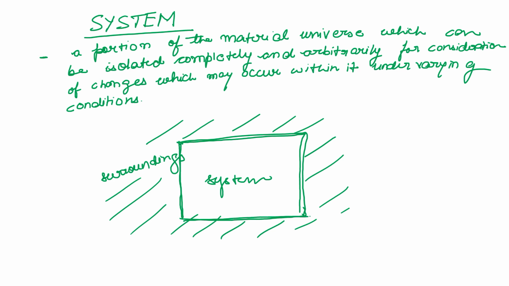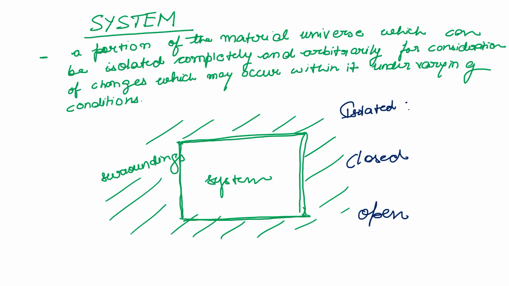The whole combination of the system and surroundings will give you the material universe, right? So there are different types of systems in thermodynamics, so we'll quickly go through them. We'll be having an isolated system, a closed system, and an open system.